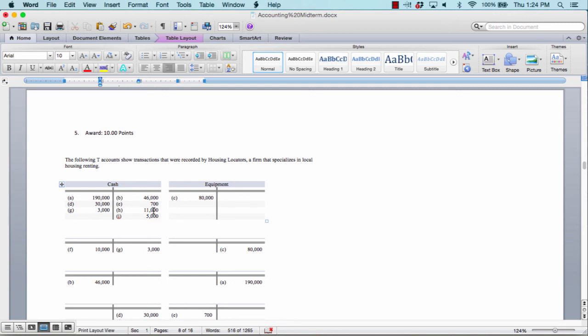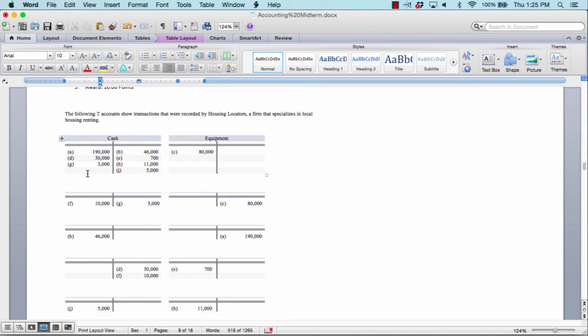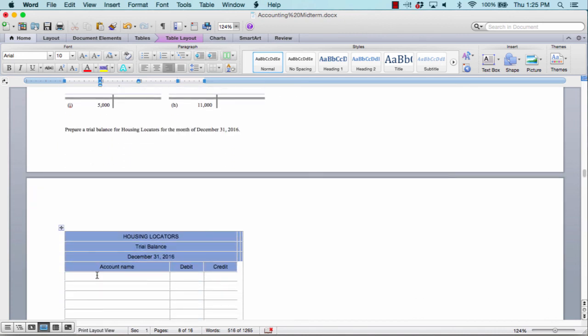Okay? And if you minus $223,000 minus $62,700, give me a second, I need my calculator. 223 minus 62,700 is going to be $160,300, and it's going to be on the debit side. So I'm going to go down here and put cash on the debit side. I'm going to put down $160,300.